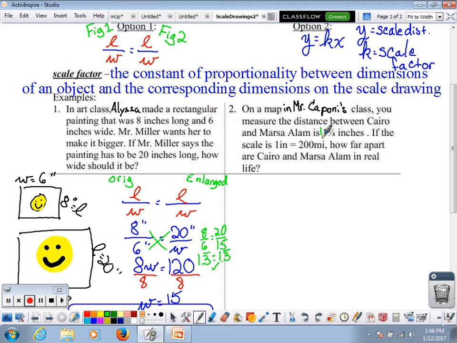The scale is 1 inch is equal to 200 miles. How far apart are Cairo and Marsa Alam in real life?